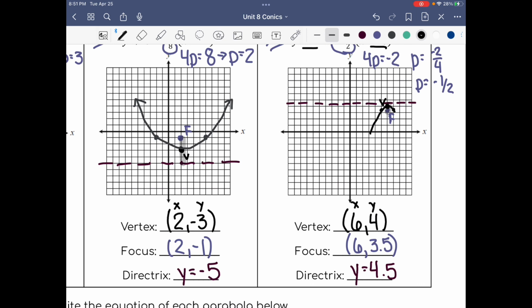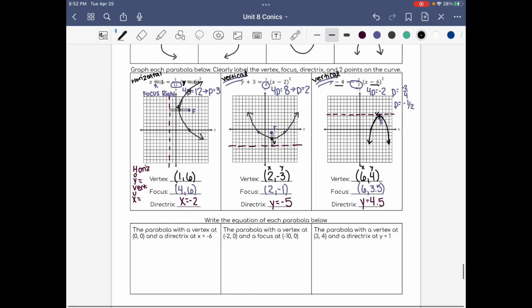And there is my parabola. It's kind of a skinny one because P was so small. And notice how it naturally ended up going upside down because P was negative.